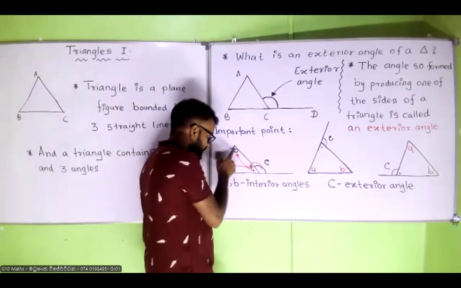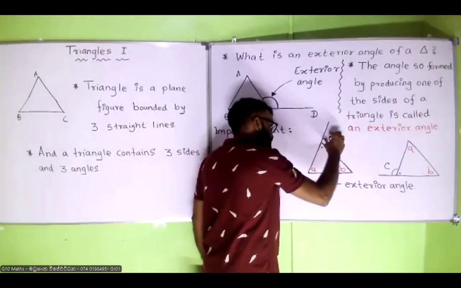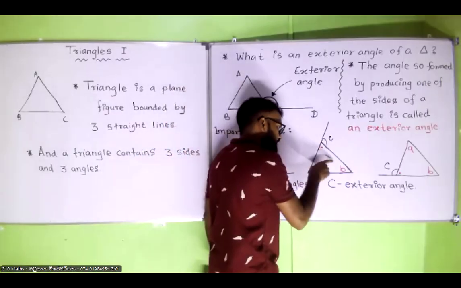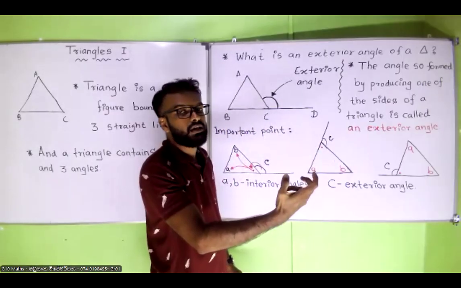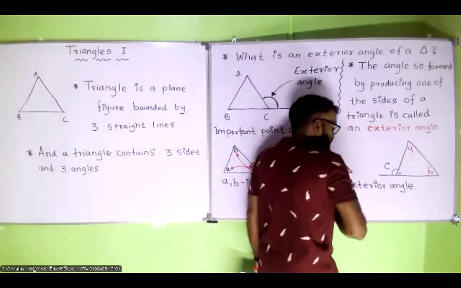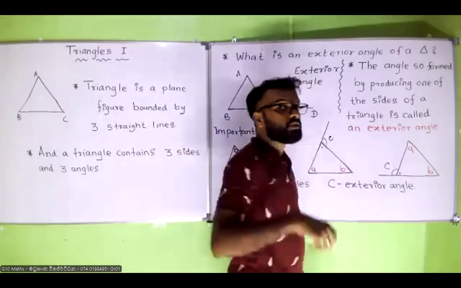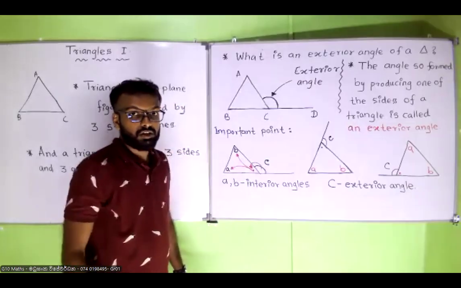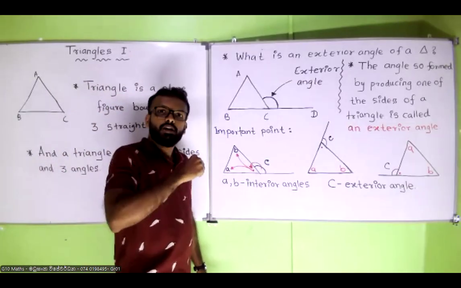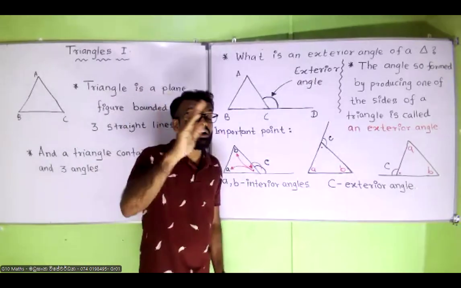For this one, these are the two opposite interior angles. And if this is my exterior angle of the triangle, this one and this one become my two opposite interior angles. And if this is my exterior angle, this A and B become my two opposite interior angles. You need to remember that until you are done with your studies.